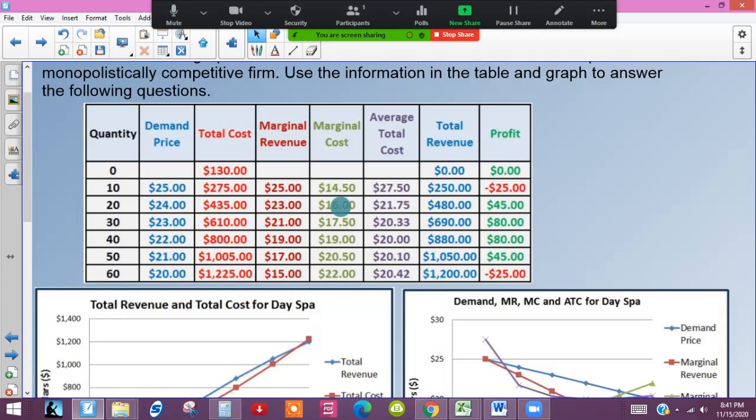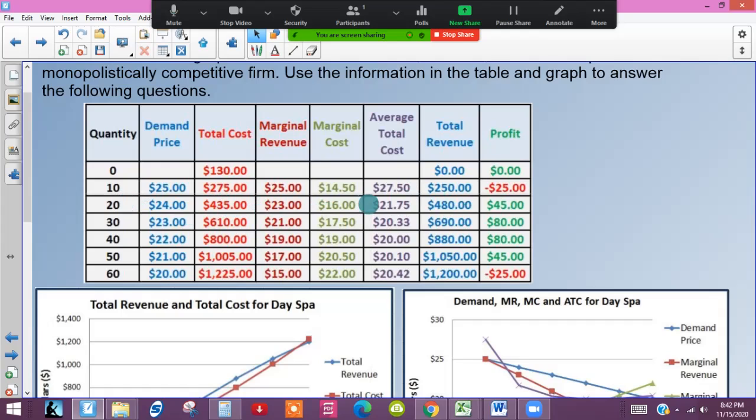So we've already figured out the total revenue. Average total cost is easy. You simply take your total cost and divide it by the quantity.